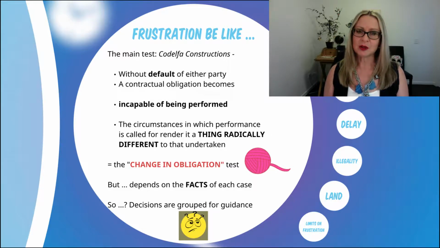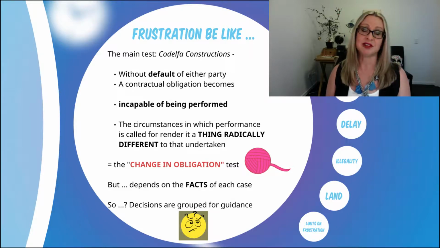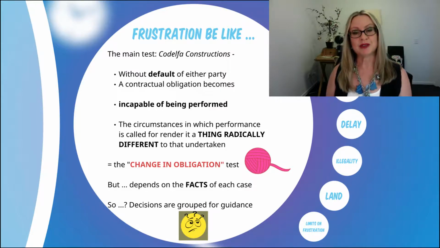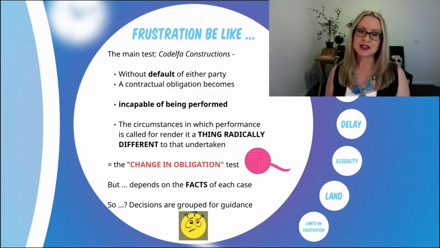The main guideline that we have in terms of working out whether a contract has been frustrated is the test from Codelfa Constructions, and you may well have in Contract A in your reading of Codelfa already come across this particular test, but it's pretty easy and it's a pretty handy rule of thumb to bring with you when you are looking at cases of frustration. So it goes without default of either party, so no one's got to be at fault. A contractual obligation becomes incapable of being performed.